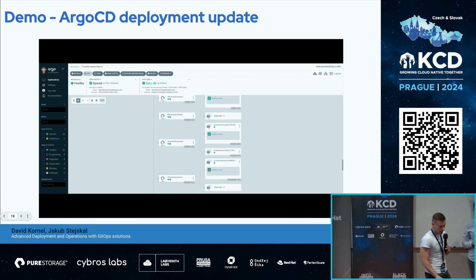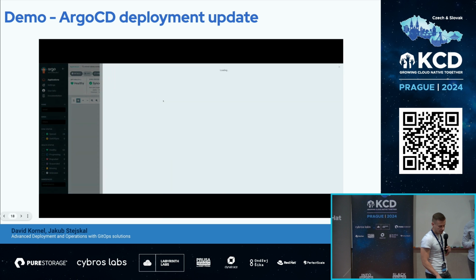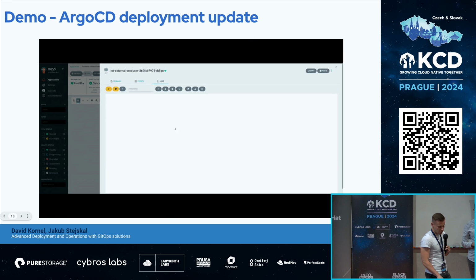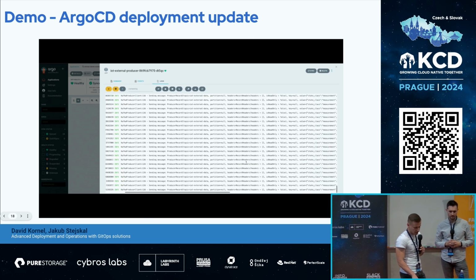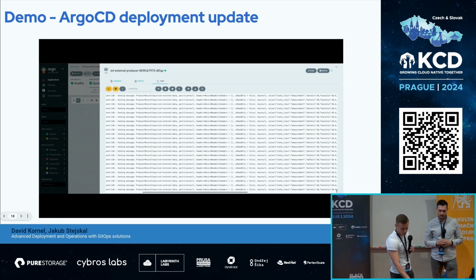And after that, the application is up and running. All pods are running. And if I open the logs from any pod, I can see that the changes were applied, and the message is modified, and the battery is on 50 level, on 50%. Yeah.